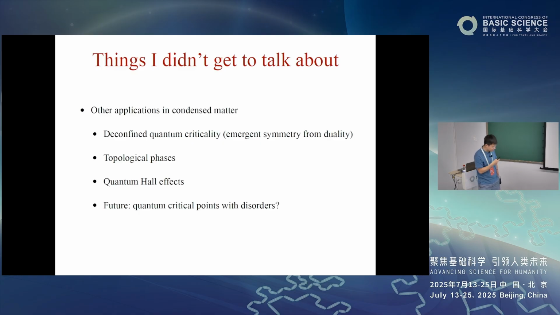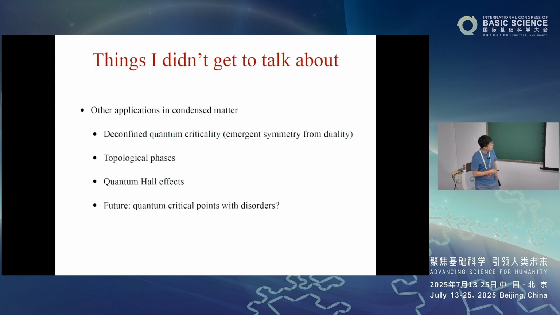It turns out that this duality story is related to many things I didn't get to talk about. It's related to the story of deconfined quantum criticality, and we had a pretty nice story understanding the intricate structure of the emergent symmetries from the duality story. I forgot to put in the reference here. This was a collaboration with Adam Nahum, Max Metlitski, Cenke Xu, and Senthil 8 years ago.